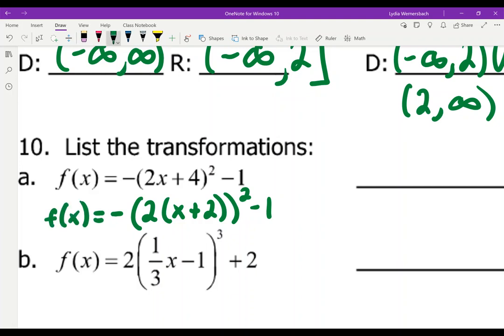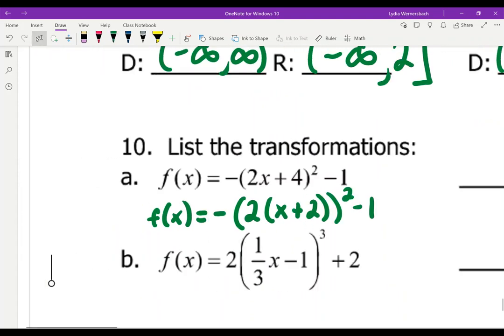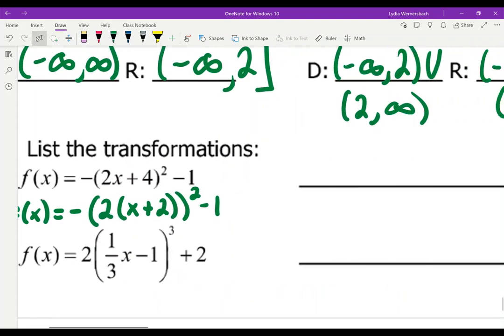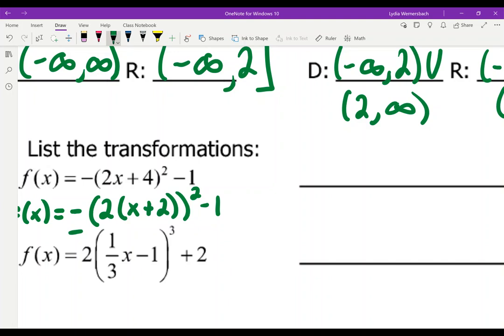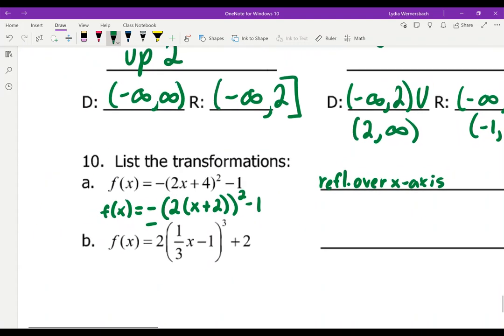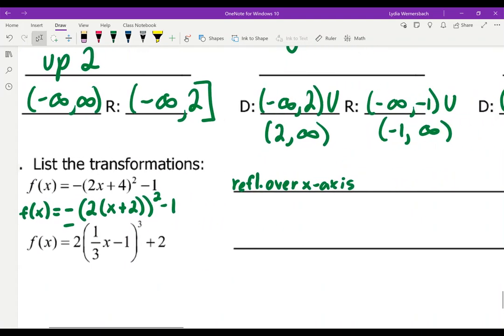So now we can go ahead and start listing out those transformations. Our first one is that negative out front. Again, it is out front, so that is going to be a reflection over the x-axis still. Okay. The next thing we see is that 2, but that 2 is on the inside.